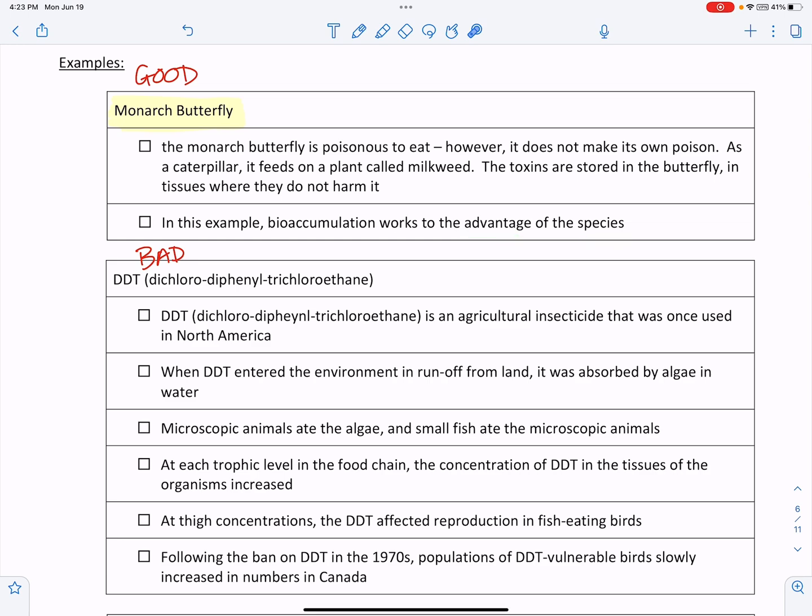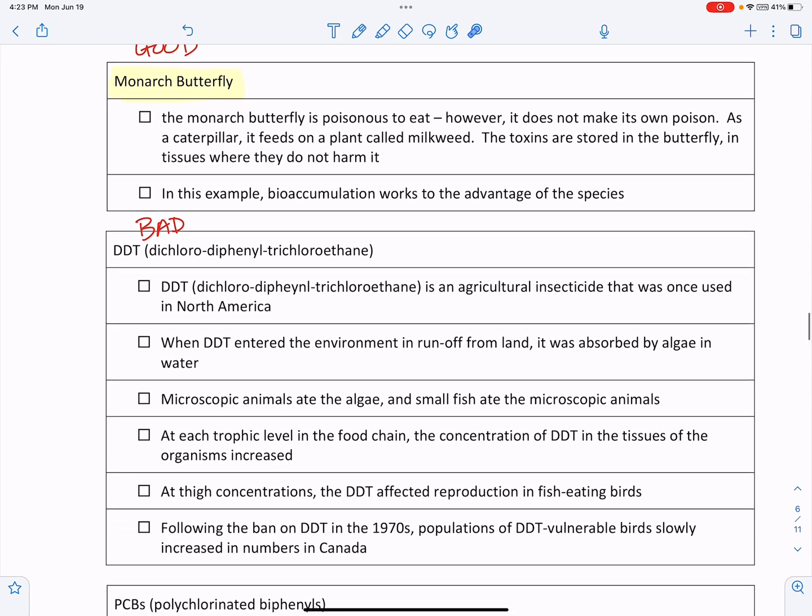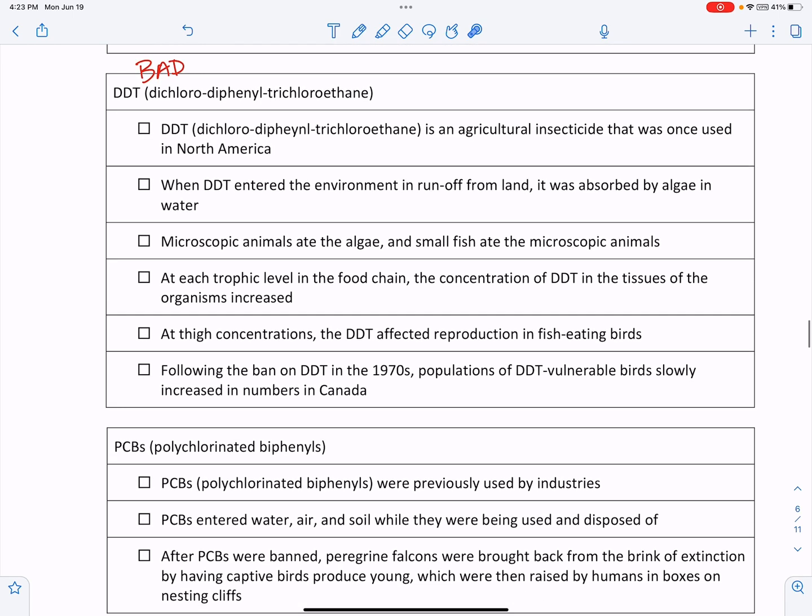Now here's an example of bioaccumulation that is bad. And it comes with a chemical called DDT, or dichlorodiphenyltrichloroethane. DDT is an agricultural insecticide that was once used in North America.